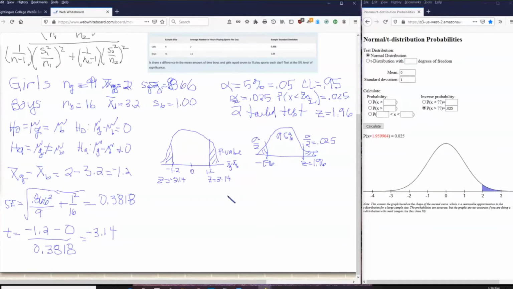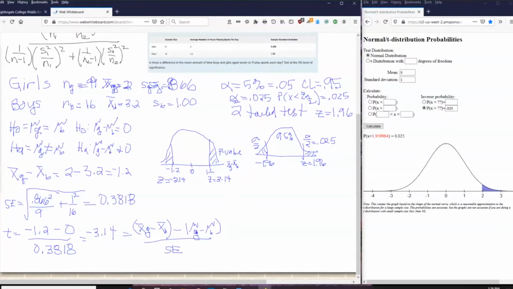How did you come up with the 0? Okay, so let's write that formula out. This is my z, the mean of the girls minus the mean of the population, minus the population, all over the standard deviation.